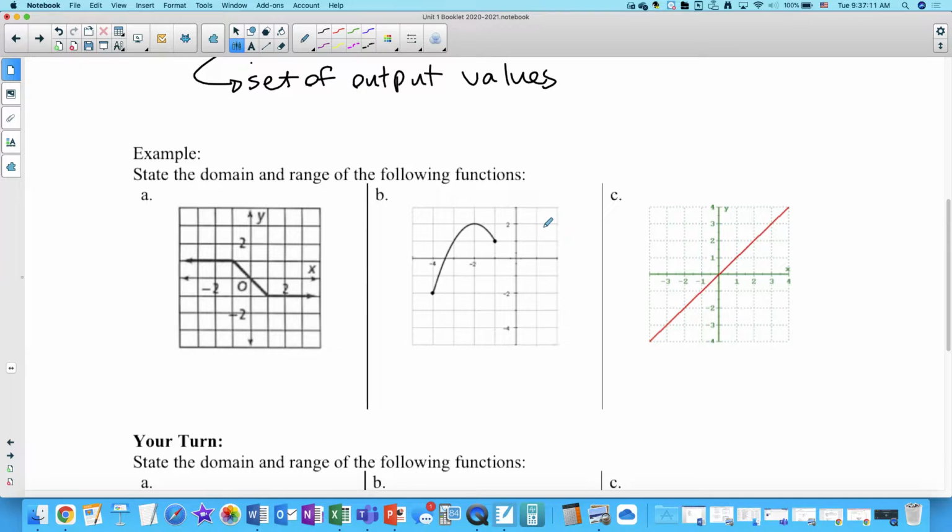In this case, we have an arrow here, and in fact, this one is only going left. It does not go up or down. Along the x-axis, that means the function goes to the left forever.